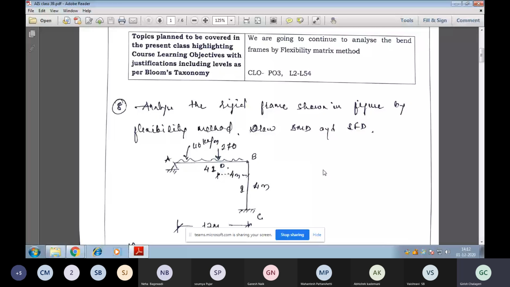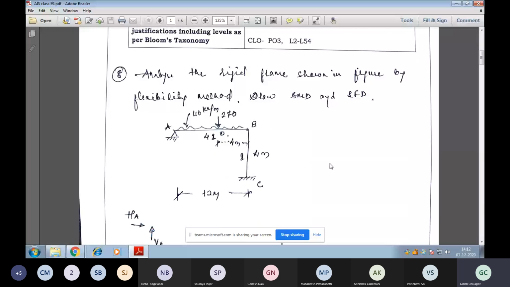Analyze the rigid frame shown in the figure by the flexibility matrix method. Draw the BMD and SFD. Here we can see a bent frame ABC, with A hinged, having two unknown forces, and C fixed, having three unknown forces. The length of column BC is 4 meters, with moment of inertia I, while member AB is subjected to two loads.